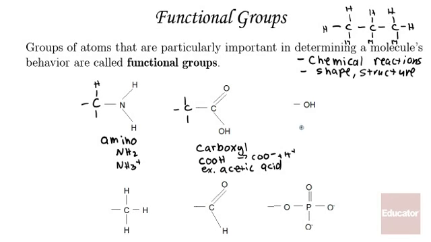The next group, OH, is called a hydroxyl group. Hydroxyl groups are found on alcohols, such as ethanol. That ol ending tells you it's an alcohol. And these are polar.